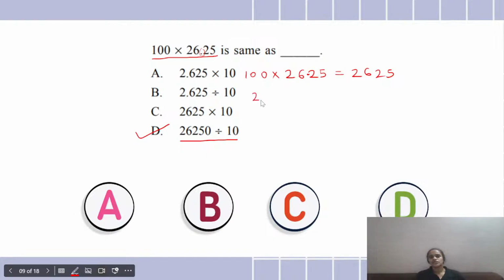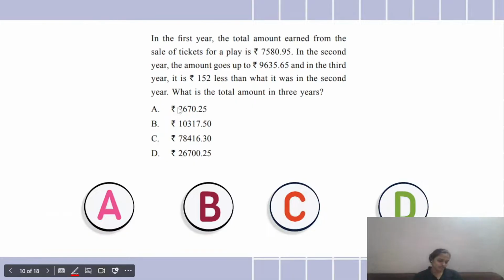Now, when I say 26250 divided by 10, that also gives me 2625.0, which is the same as the other. So option D is the correct answer. Very good, Banishika and Satish. Keep up the good job. Let's move on to the next question.